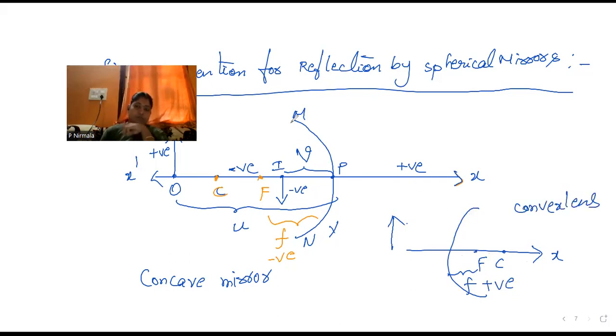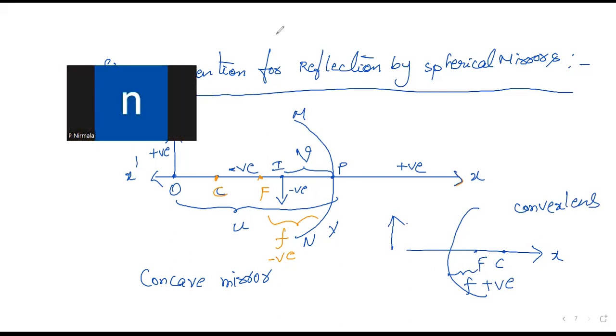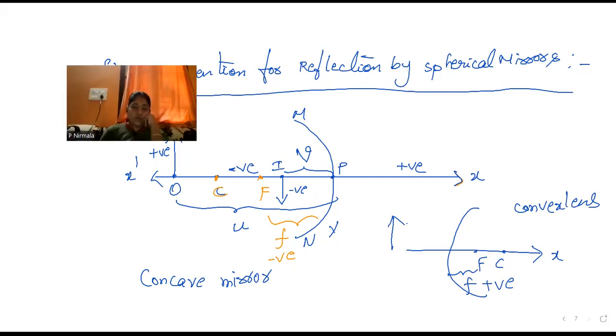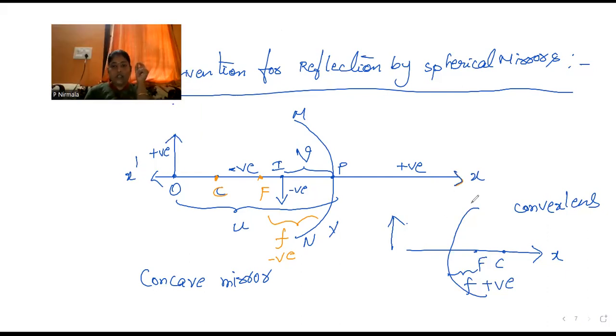So don't forget this, children. Don't forget. It is very useful for you for doing problems. Once again, when doing problems I'll teach you, but here also you have to listen carefully. So the focal length is positive for the convex because which side is it? Right side. Understood?